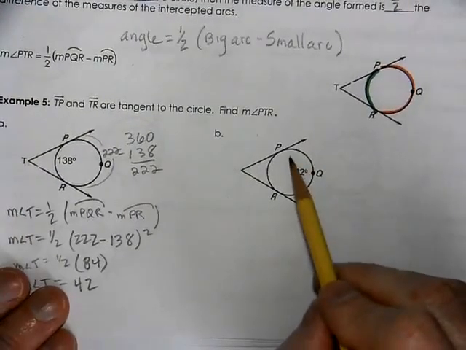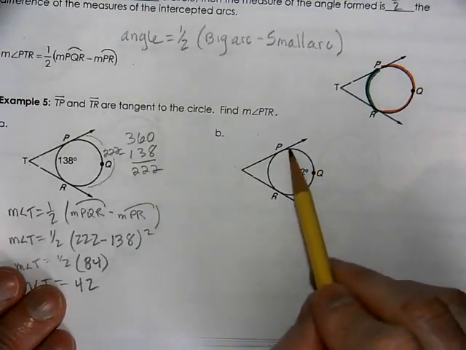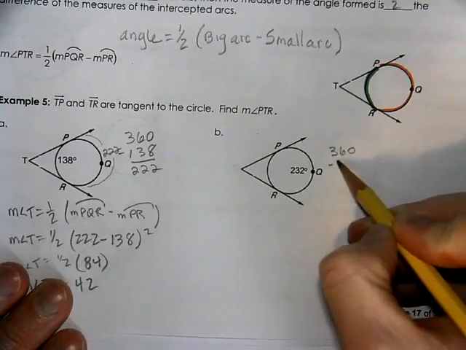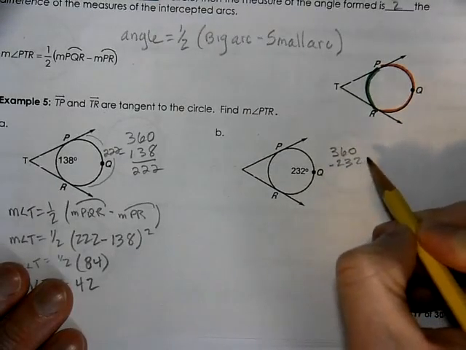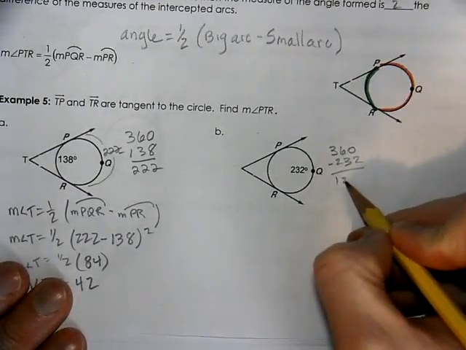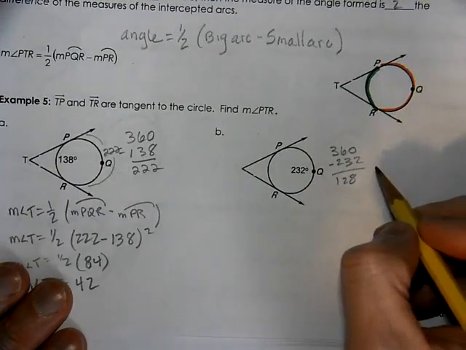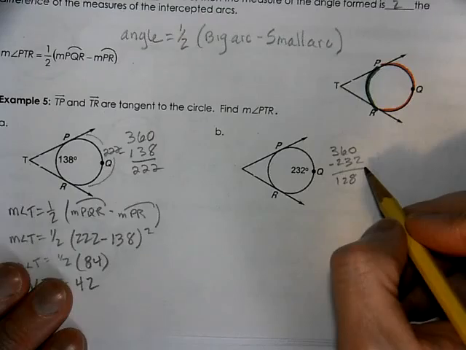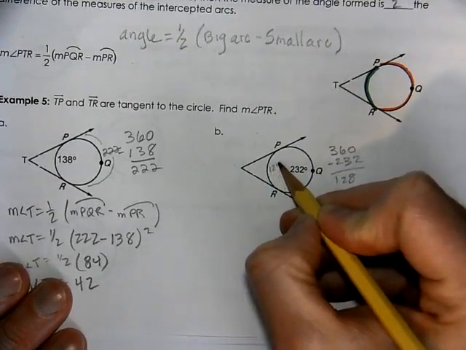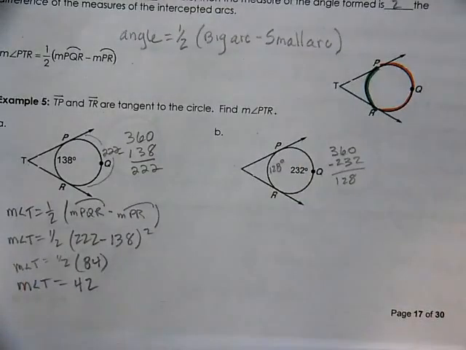Okay, let's look on this side. Here they've labeled the bigger of the arcs. But 360 minus 232, that's going to add up to 128. So that makes this part of the arc 128.